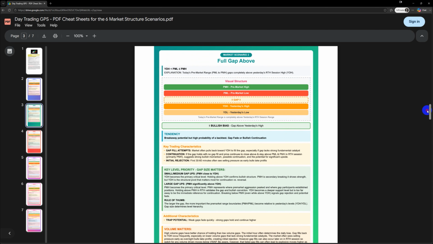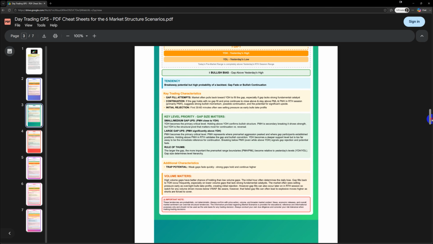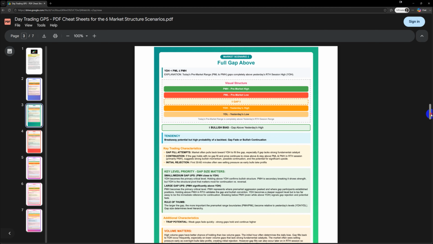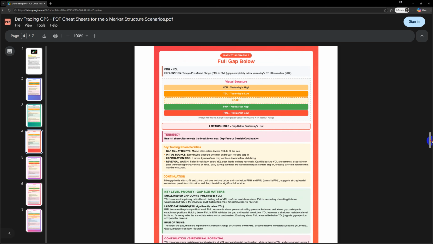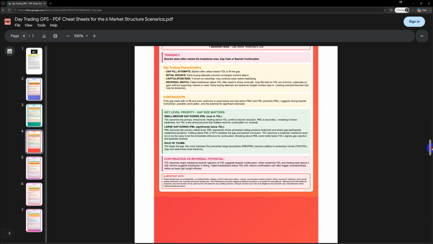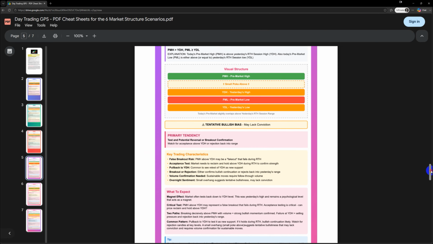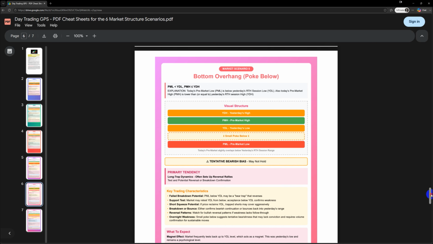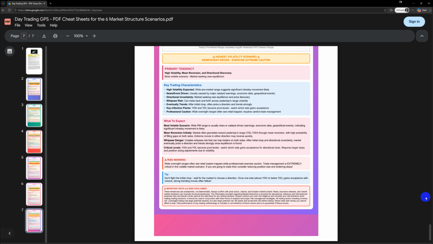For example, you still have the same thing here, market scenario 2, full gap above, and you'll have a little bit more information here than on the chart, just because we have more room here. But it's basically the same information for each market scenario: key trading characteristics, dominant tendencies, what to look out for, any reversals or traps, and key level priorities for those 4 contextual levels, etc.